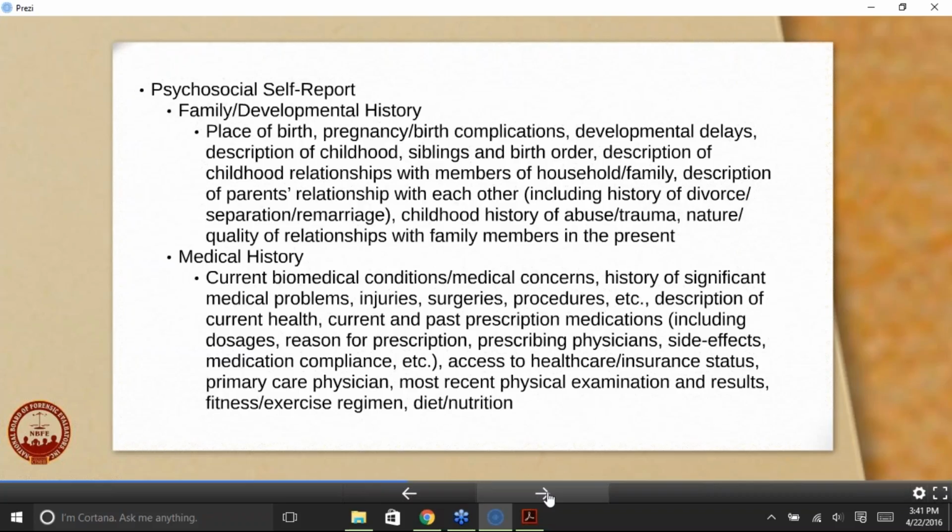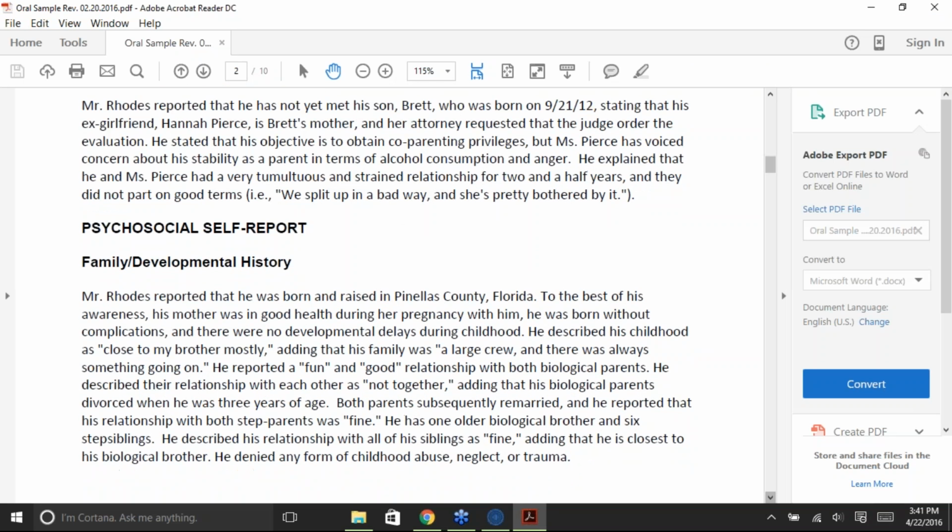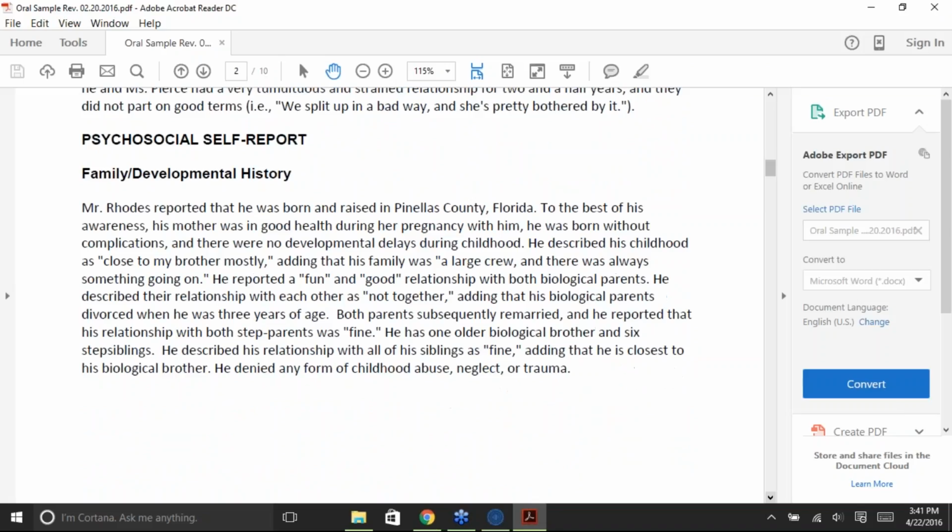The nature and quality of relationships with family members in the present can also go into this history. Now, all these things can be relevant, especially in a case like this, where I'm answering a very broad question about a client's possibility of mental disorders and treatment needs.